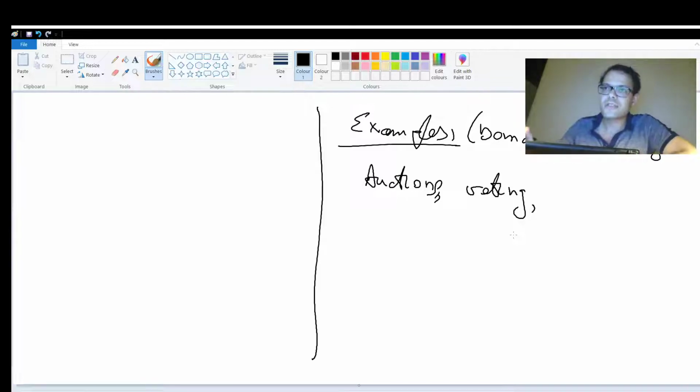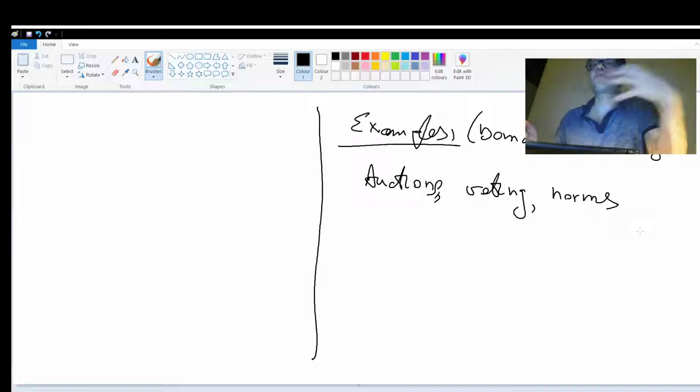So there are voting systems which also motivate people to vote honestly. Also norms, societal norms, of course. In an efficient society, they also motivate people to behave in a socially useful way.